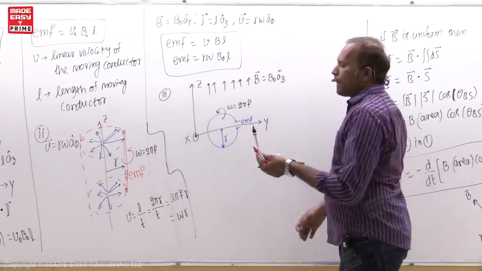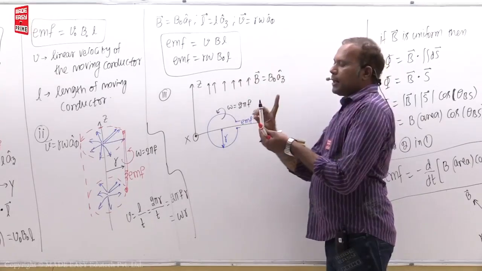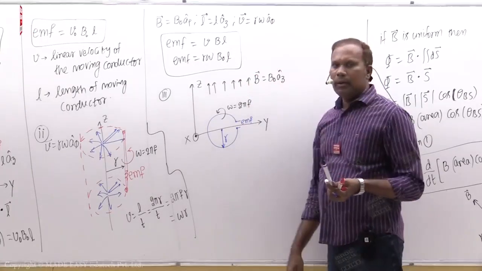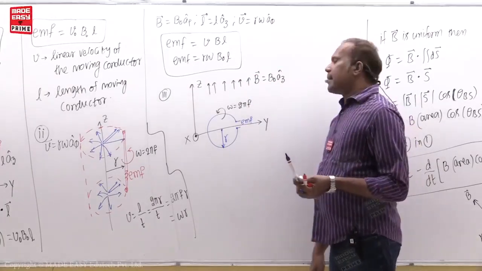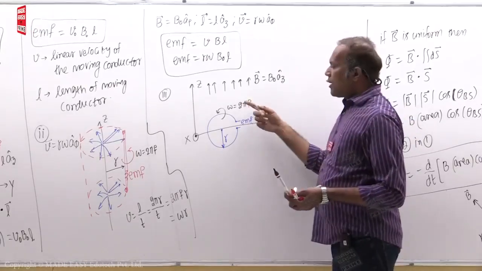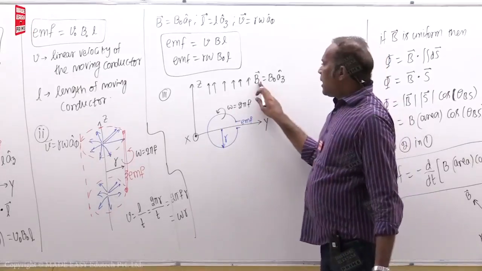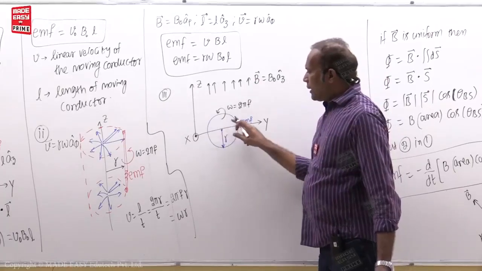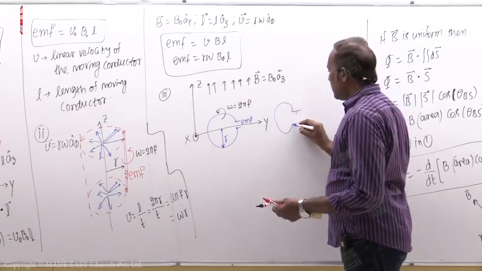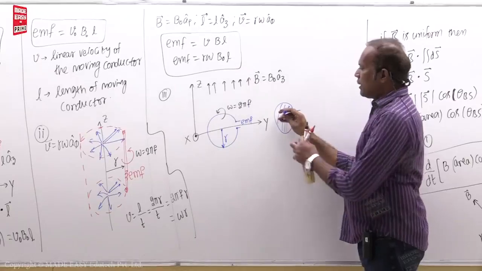Now, if this loop rotates, then B bar and S bar of this loop make some angle. That angle is called theta BS. That theta BS is a function of frequency and time. So now this B bar, and there is a loop here. That loop has some area. The surface vector of this loop is this one.